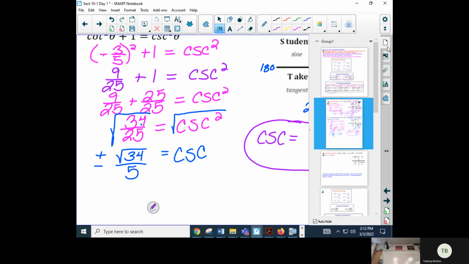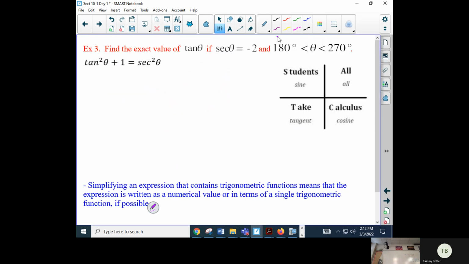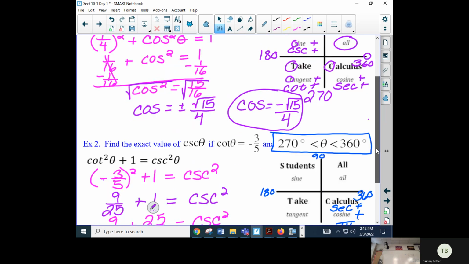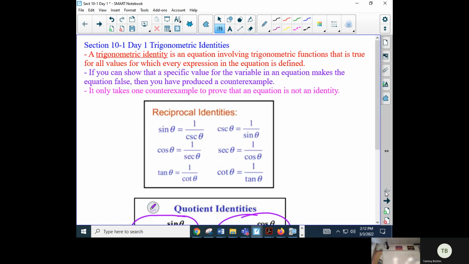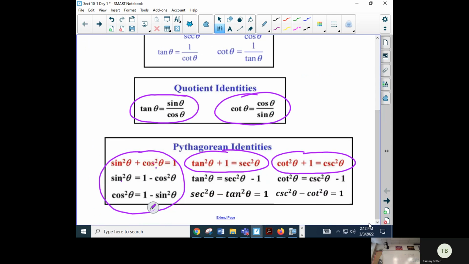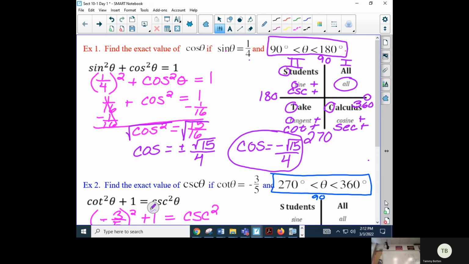All right. Now we have one where we have to find tangent, and then we'll get into the second type of problem. So this one has secant. So if it has tangent and secant there, you'd want to go to your identities. And notice it's this middle one, because this has tangent and secant, okay?